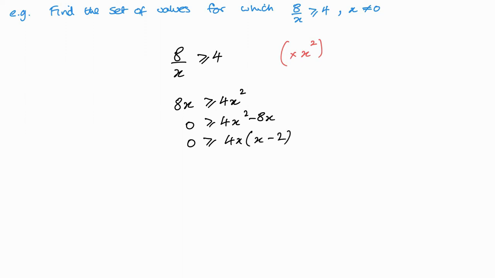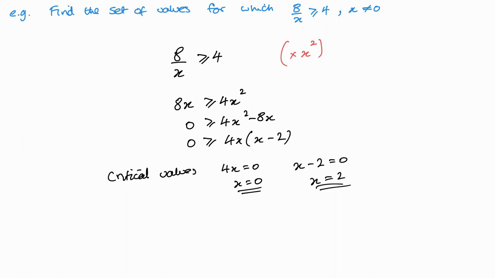So now what I've got is a couple of critical values. So my critical values here are 4x equals 0, therefore x equals 0. And x minus 2 equals 0, therefore x equals 2.